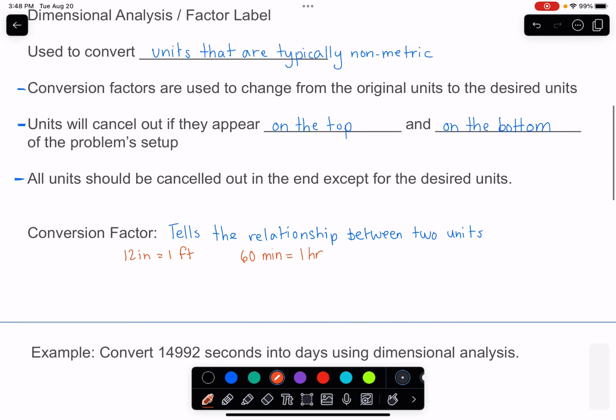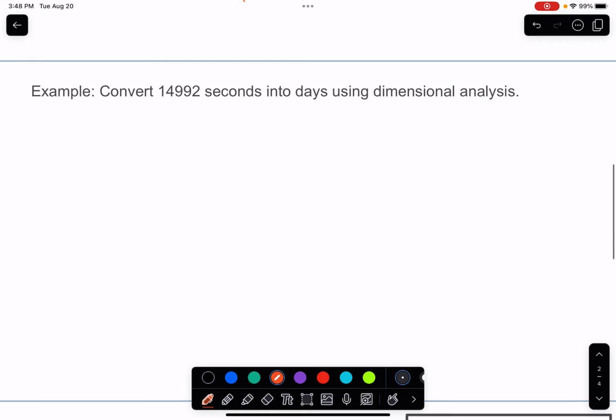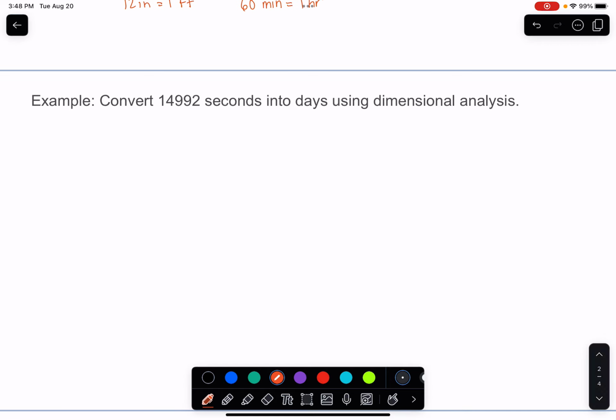All right, the first problem I want to do is a time problem, and I like to start with time problems because you probably know all of the relevant conversion factors already. In fact, this problem, convert 14,992 seconds into days, you probably could figure that out without dimensional analysis, just with a calculator, just logicking it out.